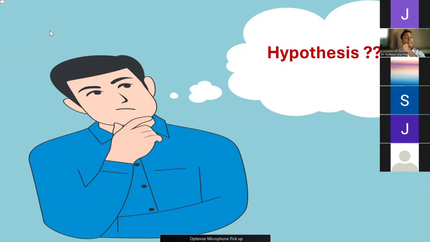So I can say hypothesis is an assumption, a statement, a proposition, but it should be verified by relevant review of literature. Any assumption cannot be a hypothesis. That should be testable, measurable, and verified by relevant review of literature.